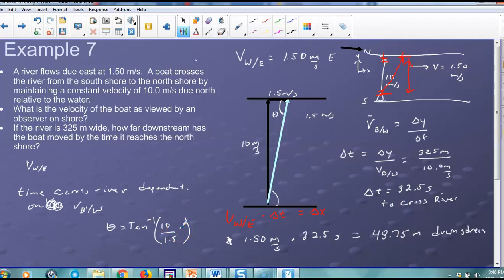So that comes to 81.4 degrees. Is what I'm getting my first run through.